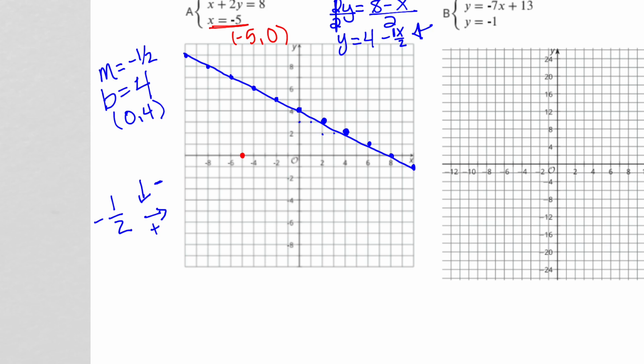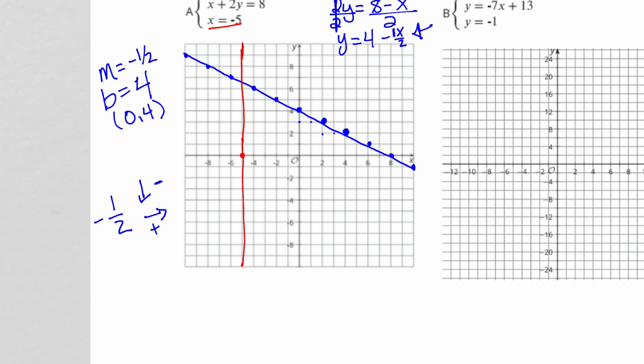So for any value of y, your x value is going to be negative 5. So we're going to have a vertical line through x equals negative 5. Okay? So I'm going to erase this right here because I don't want you to just think it's a point.